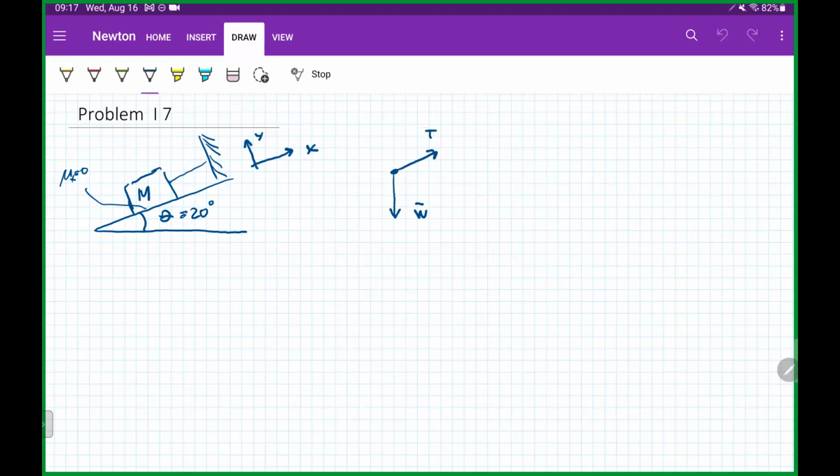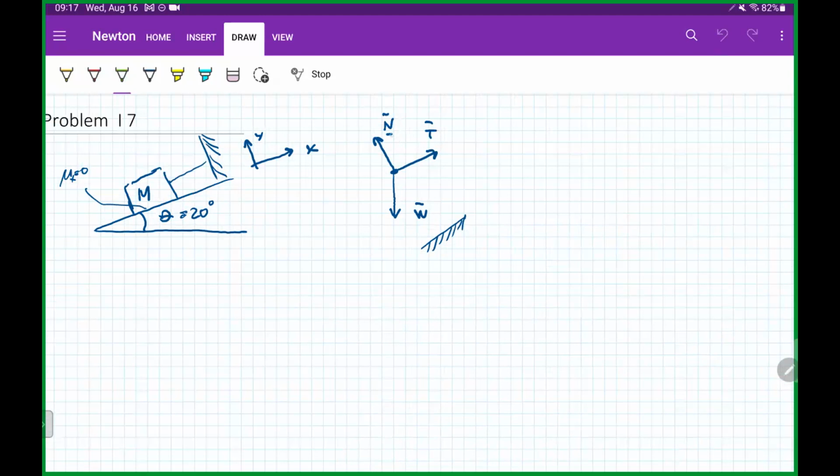We call it T. And then we would need to add the normal force, which in this case will be perpendicular to the tension, because the normal force is perpendicular to the floor, and the rope is parallel to the inclined plane. Okay, so we have that there. Then, in order to get the action reaction pairs, we would need to draw the normal there.